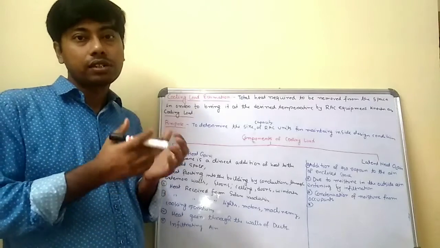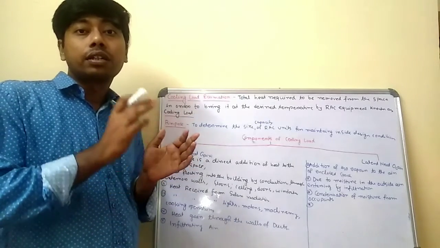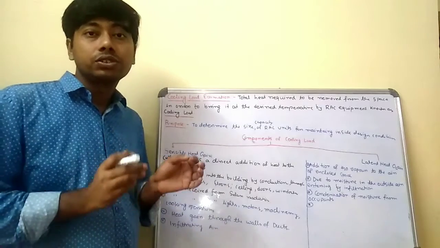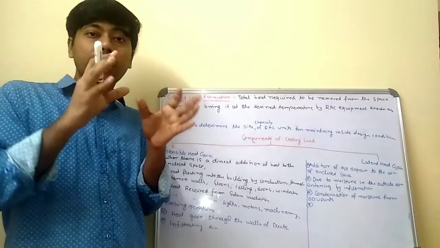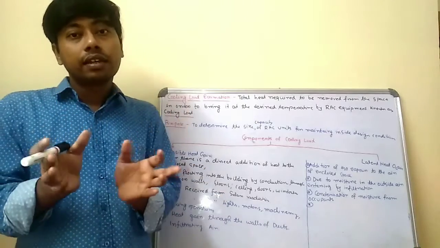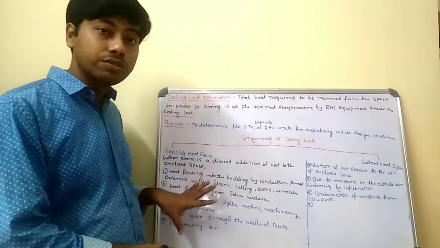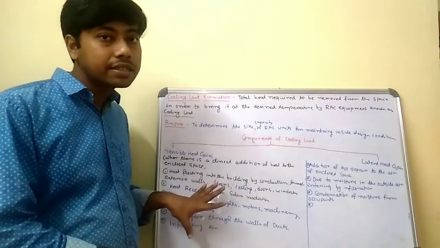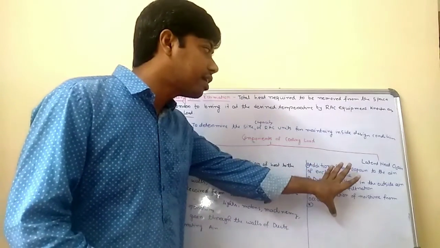Then you have to set up the air conditioning equipment, because when you maintain a particular temperature for comfort conditions, its main function is to extract the amount of heat generated due to sensible heat and latent heat. This amount of heat generated within the room or space has to be extracted. So this is the sensible heat gain, and then there is latent heat gain.